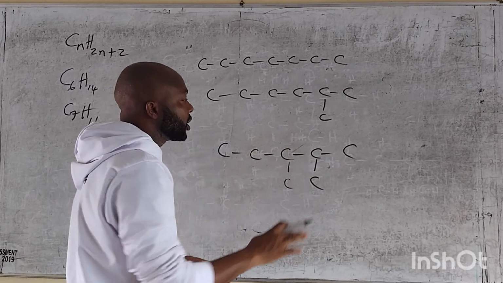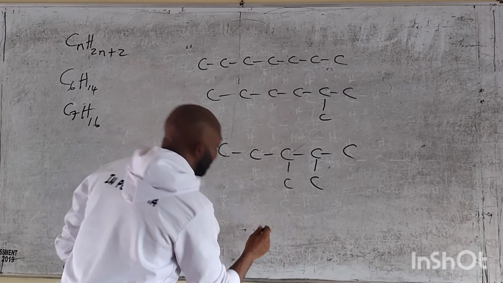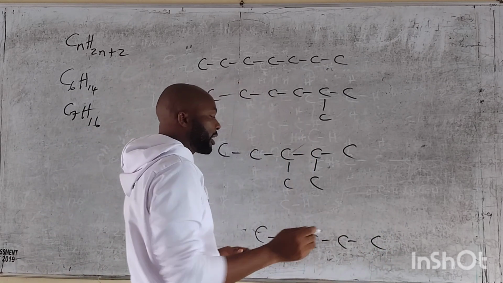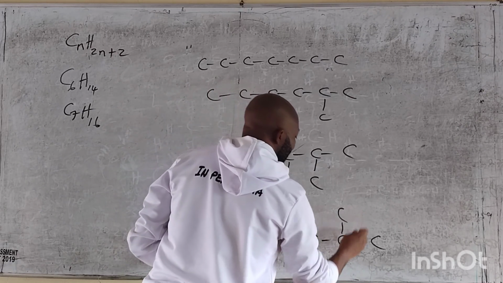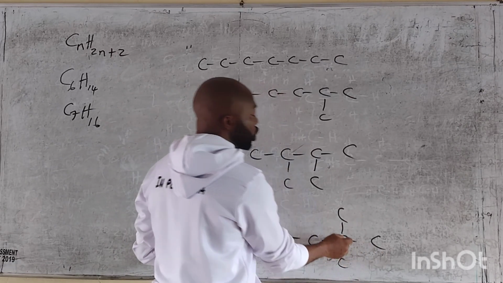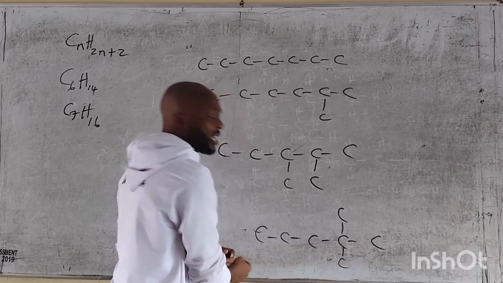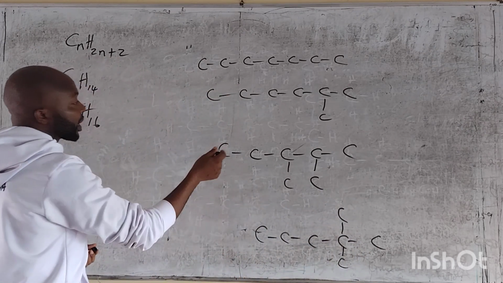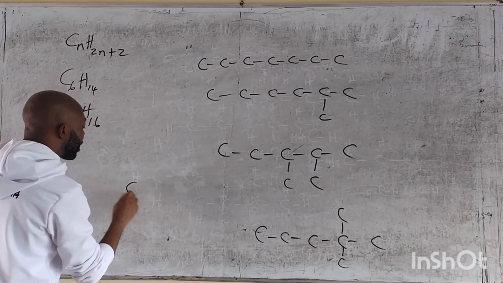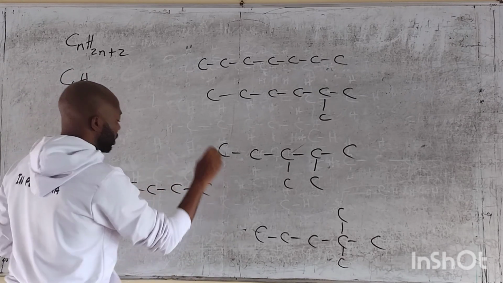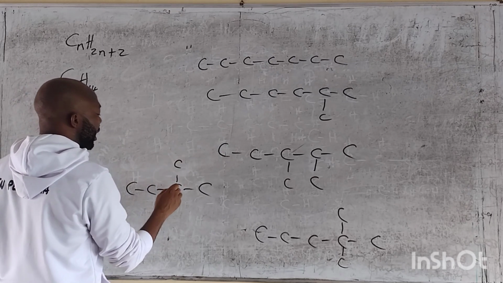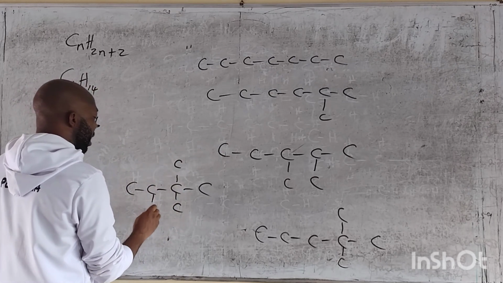I want to cut the same 2 again. 1, 2, 3, 4, 5. That same 2, but this time I put them on the same carbon atom. I have 2,2-dimethylpentane. Then I can still break it further. I can take out 3. If I take 3, I'll be left with 4, and I have 1 here, 1 here, and 1 here.